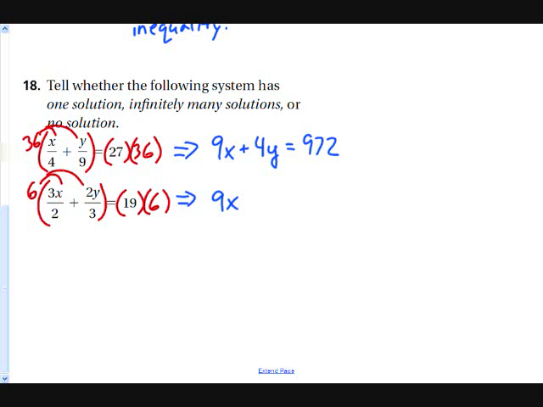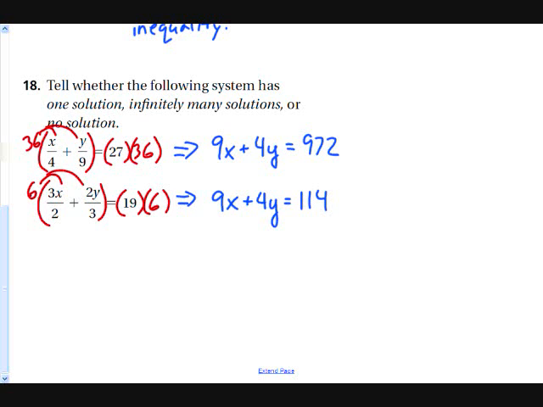Then that's going to give me a 12y over 3, which is a 4y. And then the 19 times the 6 is going to give me a 114.